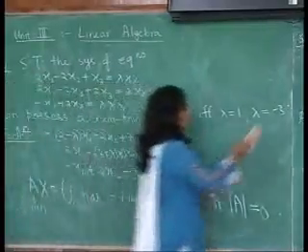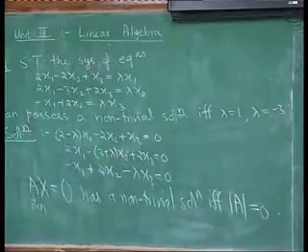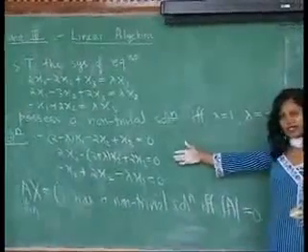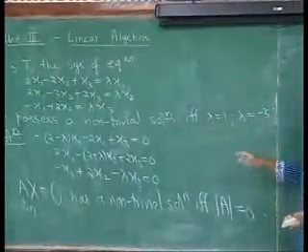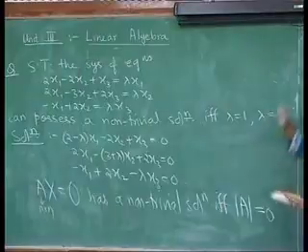So, since this is a square matrix, I can make use of this result. Then I don't really have to use row reduction. That method is always there. But I could use this determinant method to find the values of lambda.